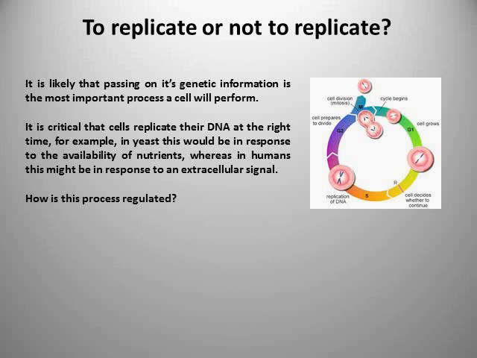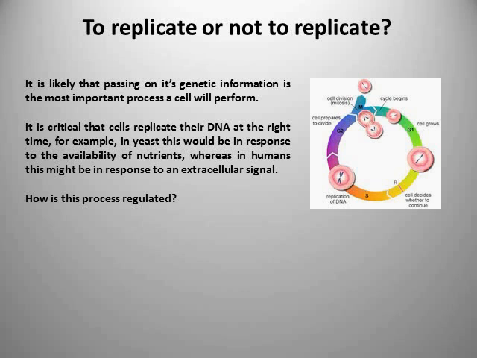Yeah, there's no point dividing at a time which is going to result in catastrophic events occurring within the cell and cell death. Similarly, I'm sure that many of you will want to think very carefully and ensure many checkpoints are in place before you decide to pass on your DNA and replicate, so to speak. So obviously it's an incredibly important process, one that requires tight regulation.